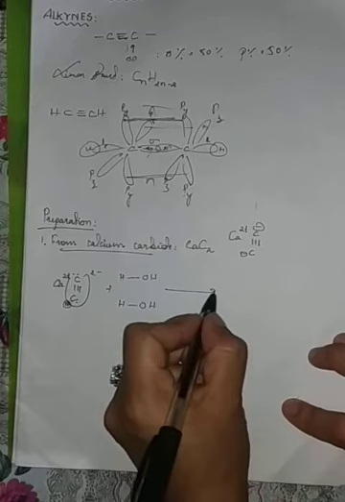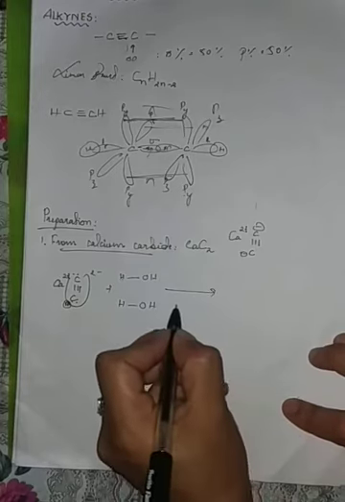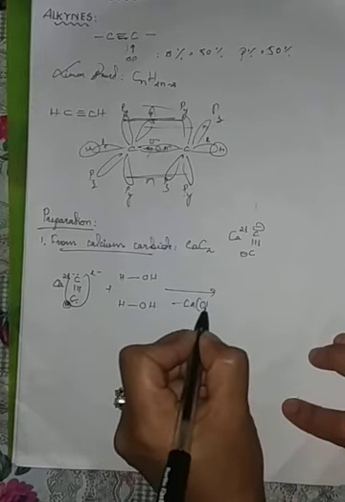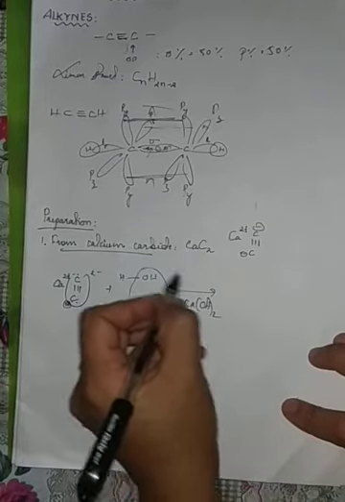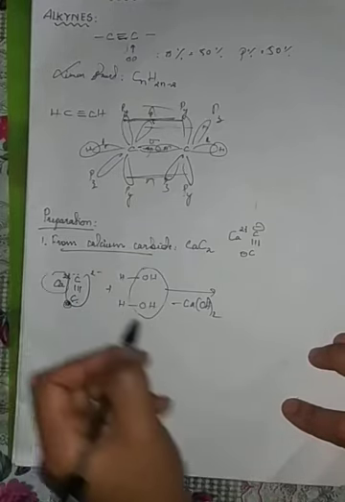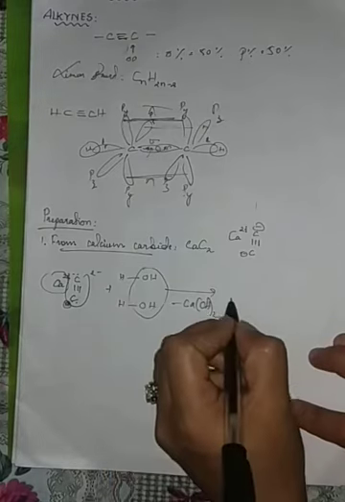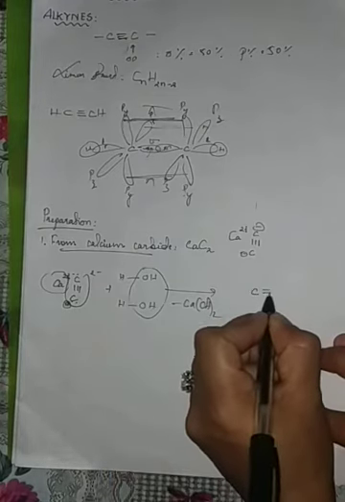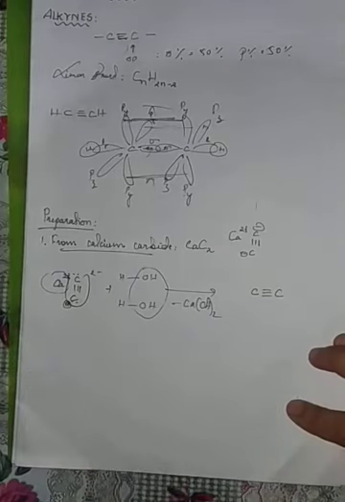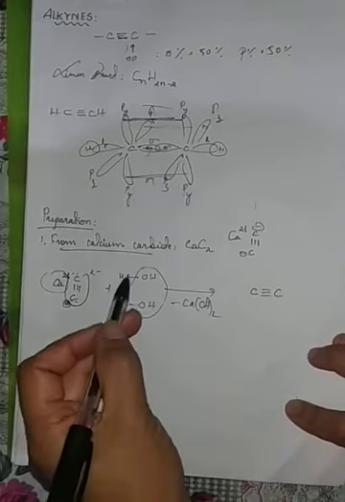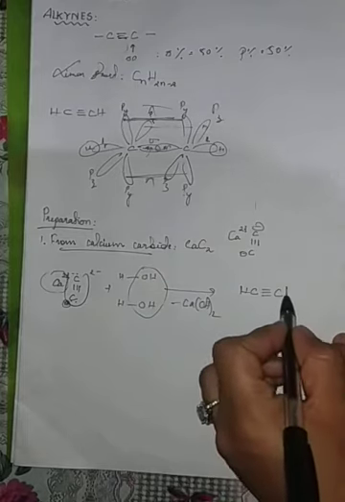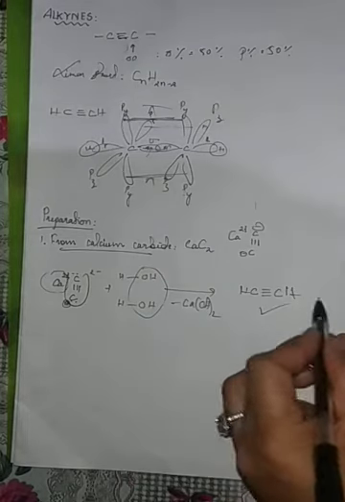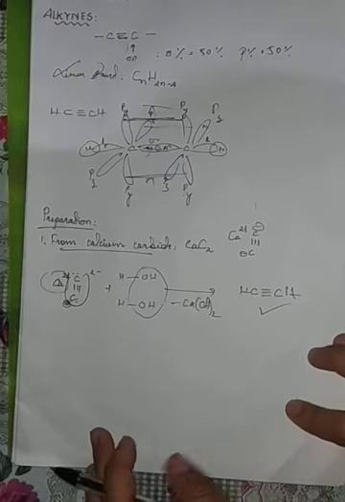There is removal of calcium hydroxide. The 2 OH along with the calcium is removed. Therefore, we'll be getting the carbon-to-carbon triple bond, and the 2 hydrogens would come here, bond formed here. Therefore, in this way, alkynes are formed.